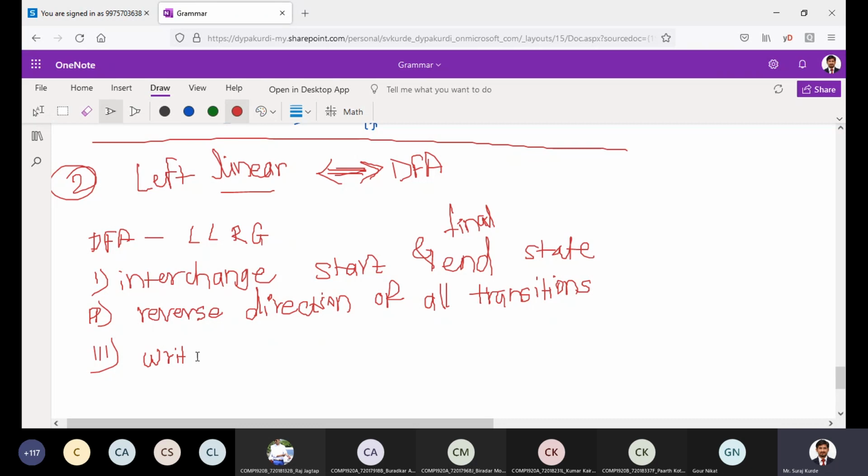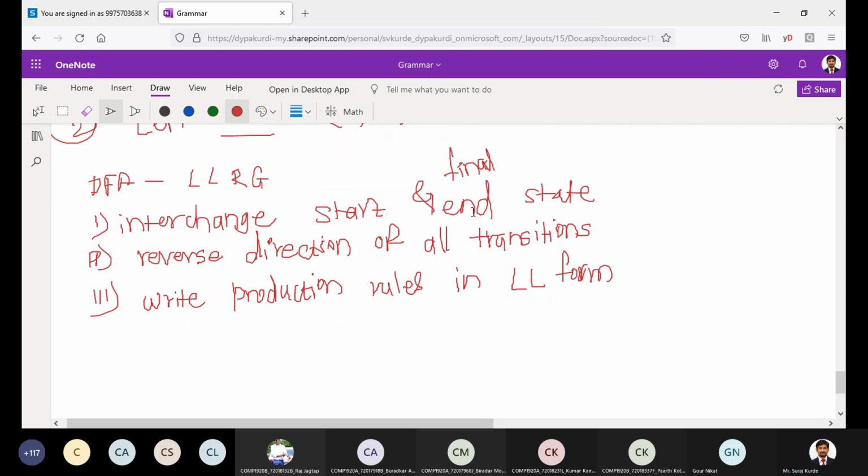Now write production rules in left linear form. These are the three rules for conversion of DFA to left linear and left linear to DFA.